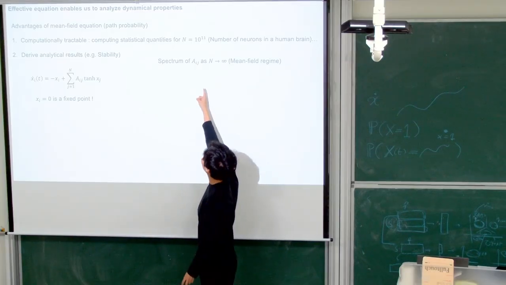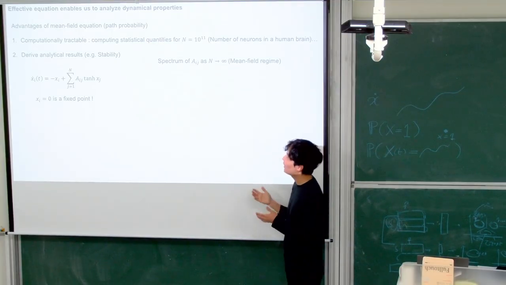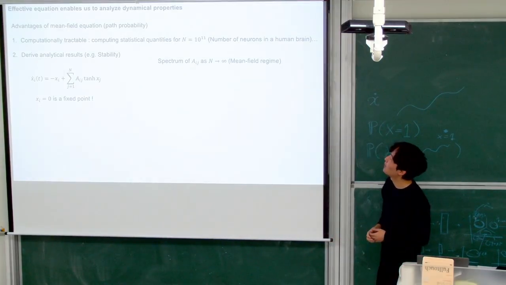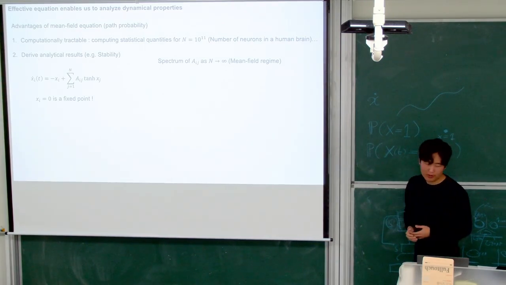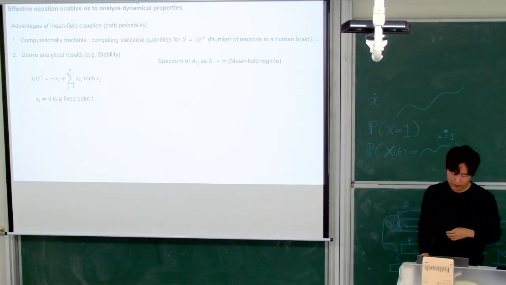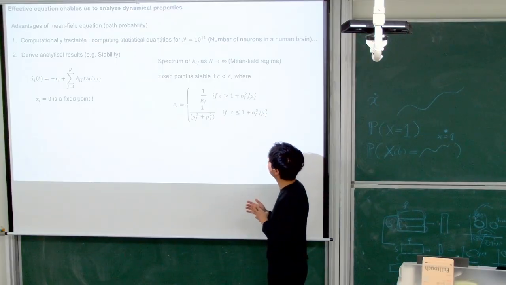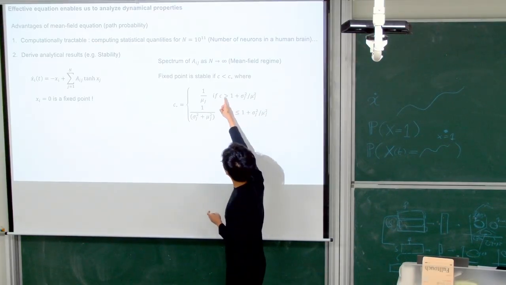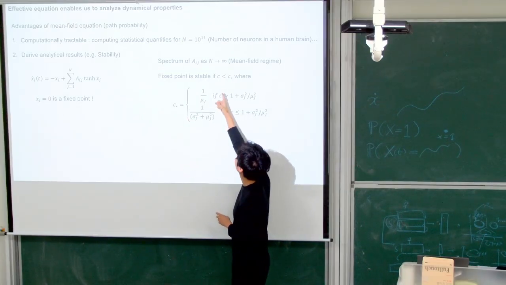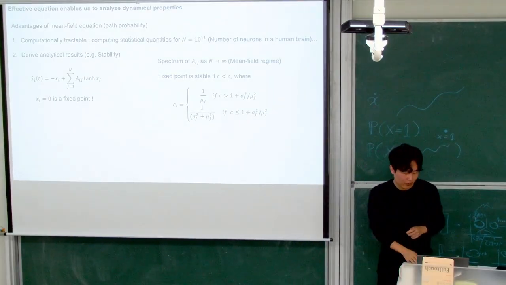Because the spectrum, or the eigenvalues, of this network, although I don't know much about random matrix theory, it is known that the eigenvalues of this large random matrix can be studied in the asymptotic regime. So using that, the authors find the stability condition that if the sparsity, the average in-degree, is less than some critical value, defined like this formula, then you have stability.